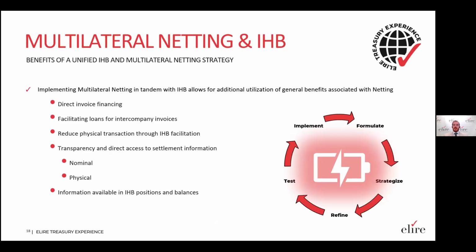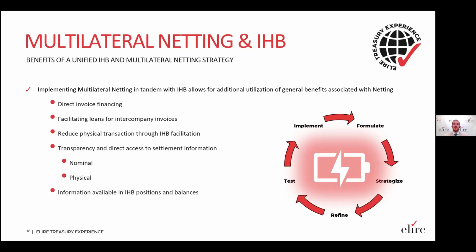One of the key benefits always when we're talking about IHB is, of course, multilateral netting. So implementing either bilateral or multilateral netting in tandem with IHB allows us to do so many great additional things for invoices, for payables, for settlement of funds. So we're talking here about direct invoice financing and facilitating all those loans based upon the particular invoice requirements.